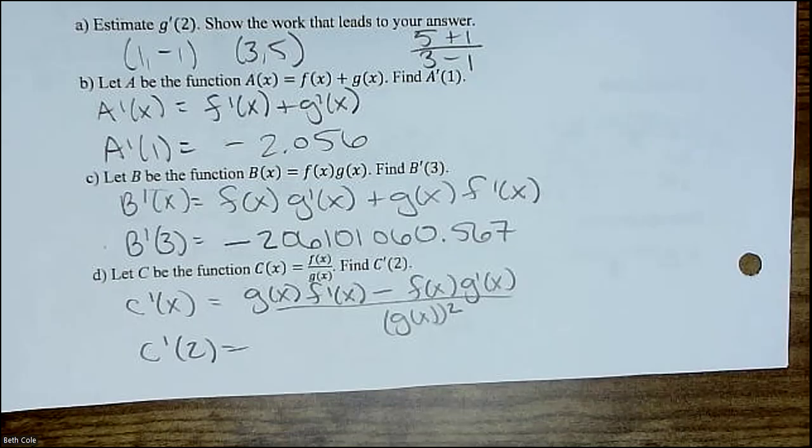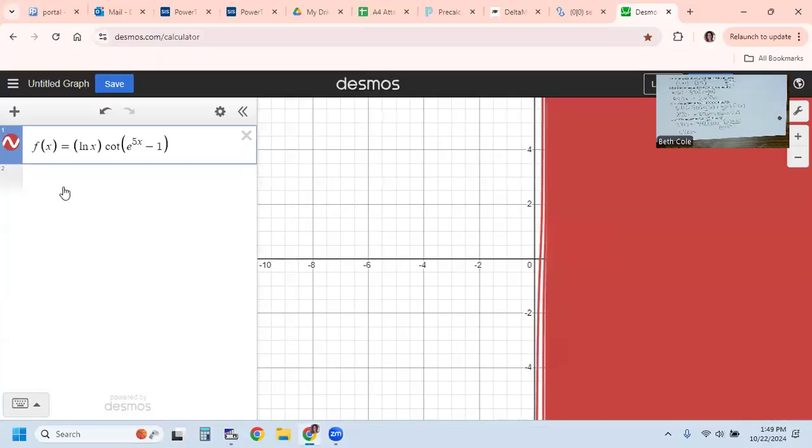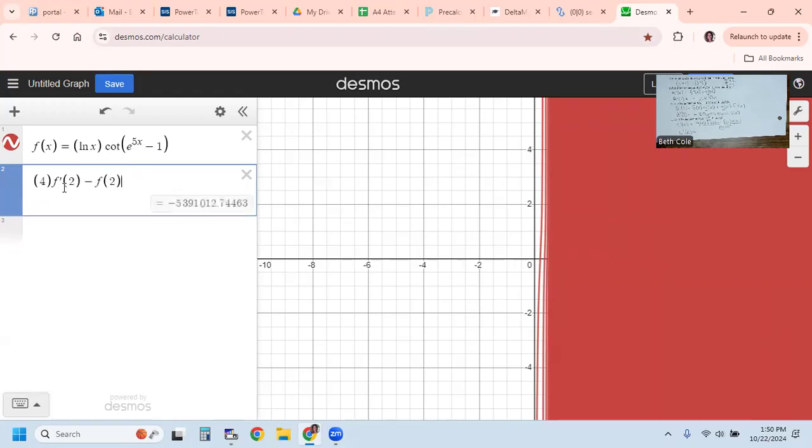And then what are we plugging in? 2. So we're going to go back to our calculator. Leave the f of x in there. Let's do g of 2. Look at your little table, what's g of 2? 4. And then we want f prime of 2. Minus f of 2 times g prime of 2.